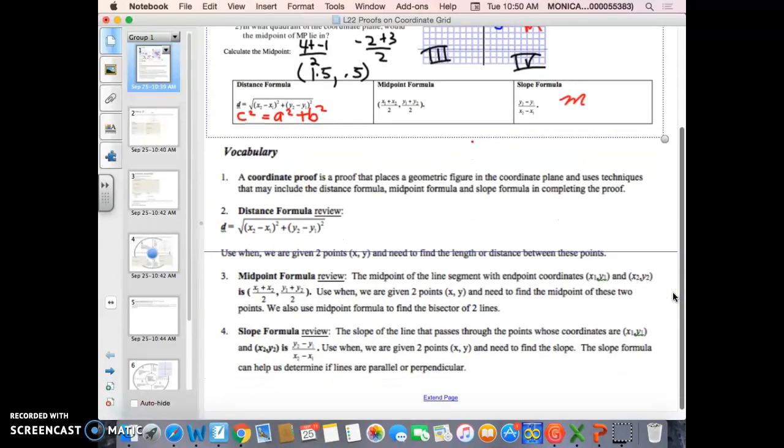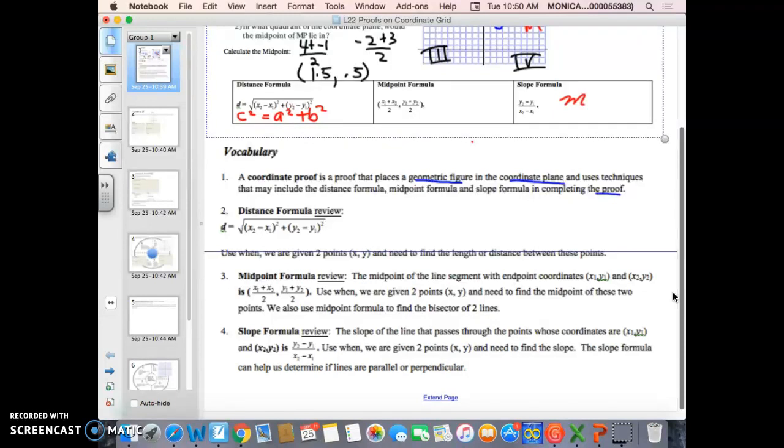And then these are not in your notes, but a quick review. Today we're going to be talking about a coordinate proof. And basically it's a proof that places a geometric figure on the coordinate plane. And then we're going to be using distance formula, midpoint formula, and slope formula to complete the proof, which is why we have these.